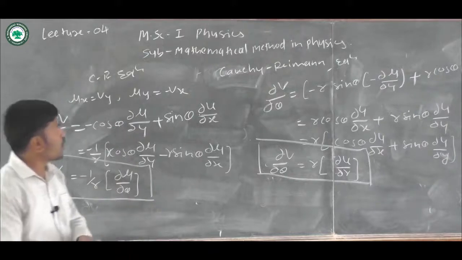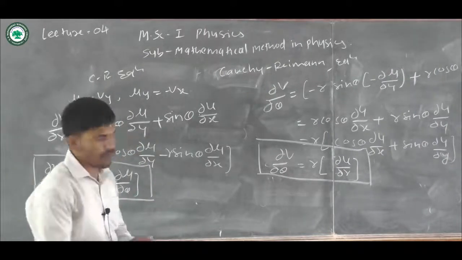These are the CR equations in polar form.